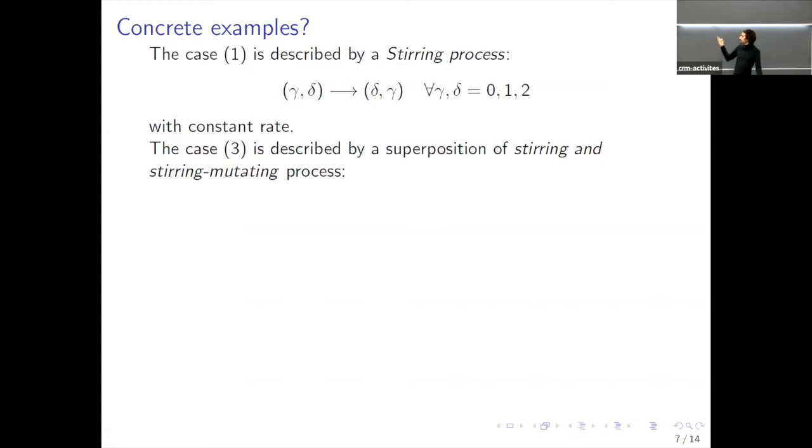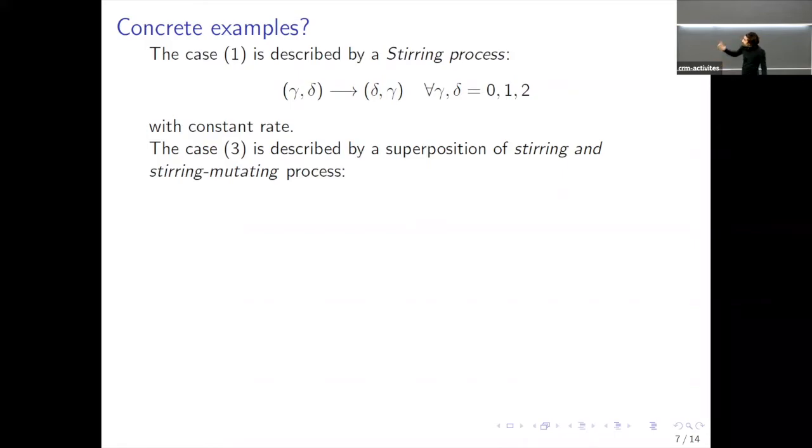These exchanges mimic the coupled diffusivity equation. For the third case, the strongly coupled case, a result we can find is a process that is a superposition of two simple processes.